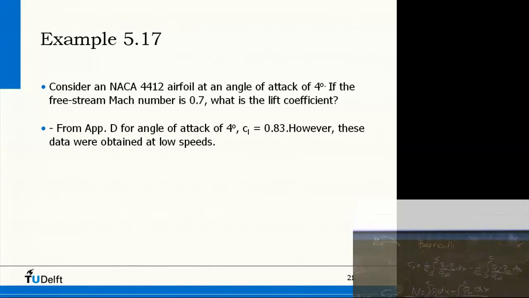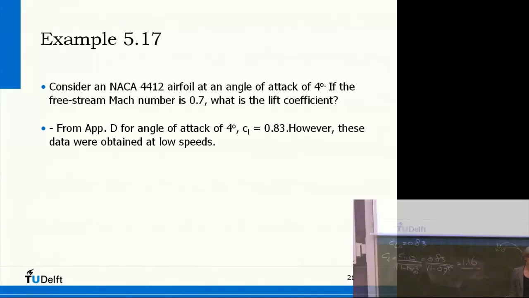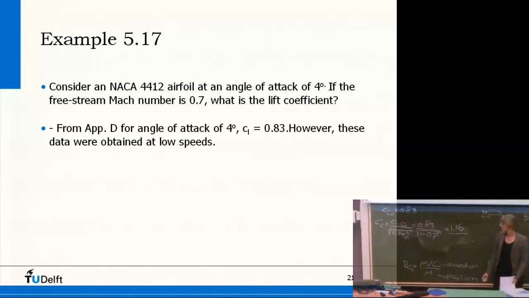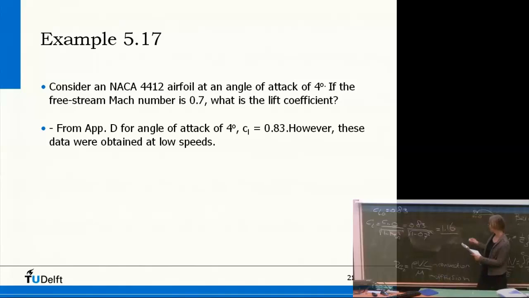But just to show you how you use this, 1 minus Mach number is 0.7 squared. And does it change much? Yes, it does. So you get then a CL not of 0.83, but 1.16. Right? So about almost half higher, a bit less, 30%. At Mach infinity is equal to 0.7. Okay.